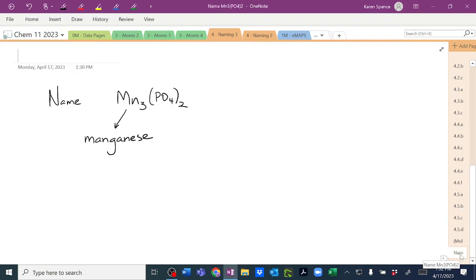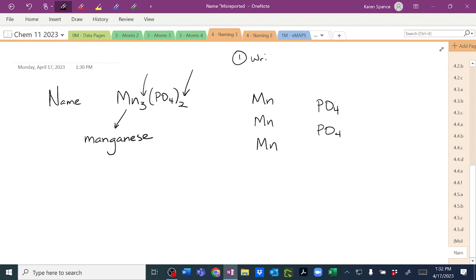Okay, so we have manganese. And in order to figure out the charge, I'm going to say I have 3 manganese. So I'm going to draw 1, 2, 3 manganese. I also have 2 phosphates, so that's going to be a PO4 and a PO4. So step 1 is to write out all the ions.